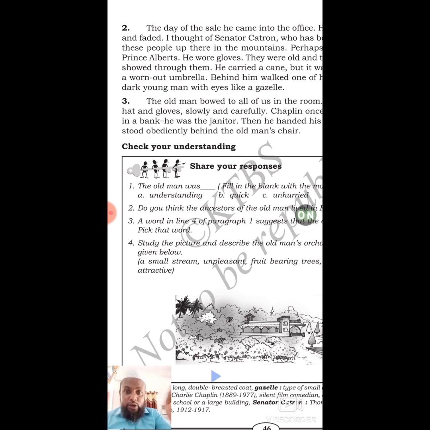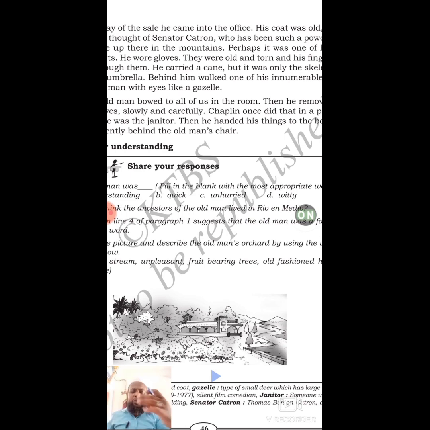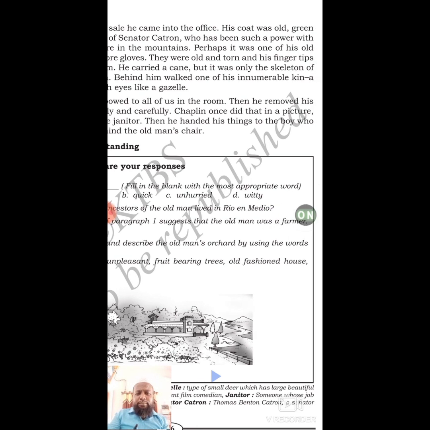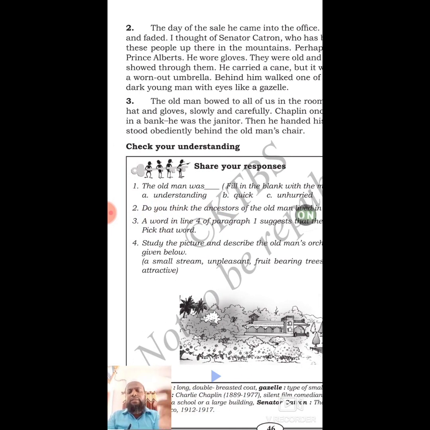Who? Don Anselmo. He wore gloves to cover the hands. He is wearing gloves and they were old and torn, with little patches on them, torn, and his fingertips showed through them. Somewhere it is torn and the finger is out of the cloth, showing.